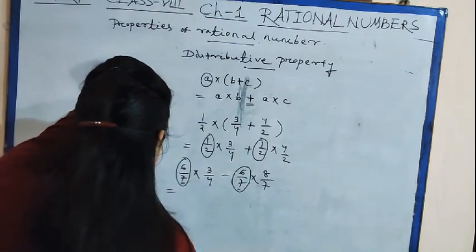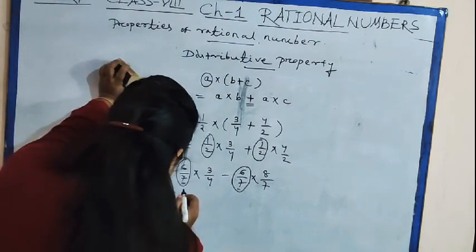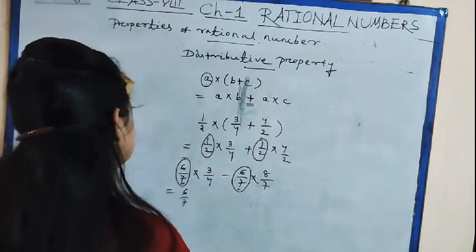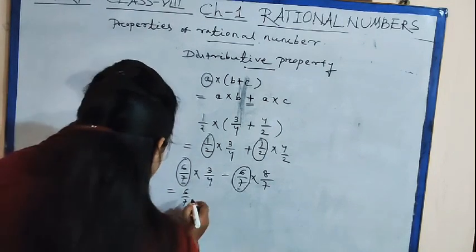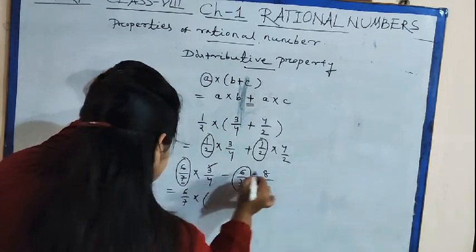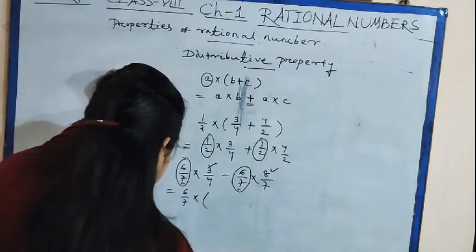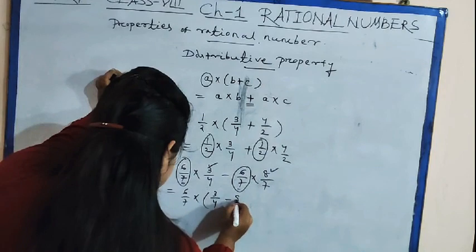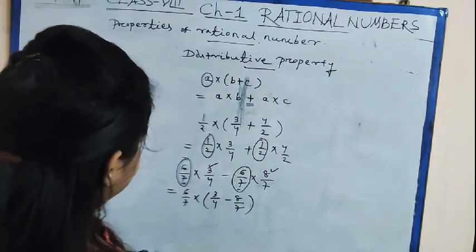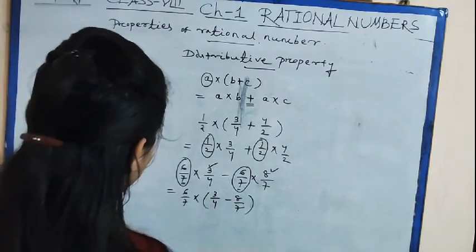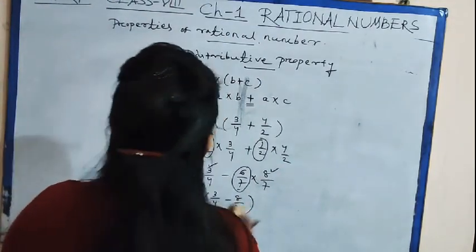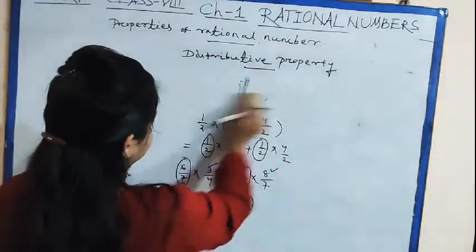We take common the repeated number only, not a single number. 6 by 7 is the repeated number, so we take it common, and what remains is 3 by 4 and 8 by 7 with the minus symbol. So let us write 3 by 4 minus 8 by 7. Here we apply the distributive property to make our problem easy. Clear?